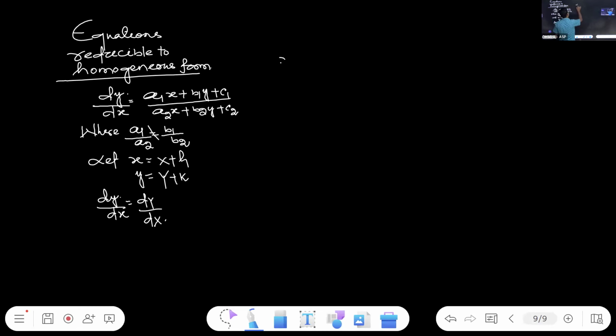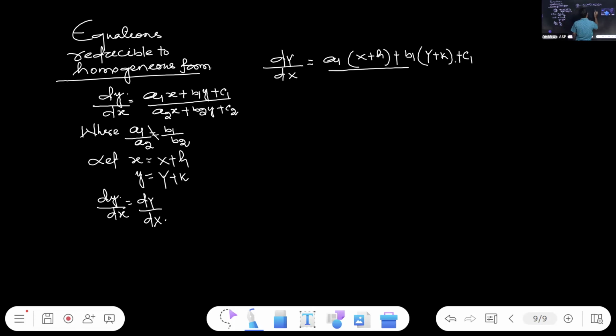So the equation reduces to dY upon dX equals (a1 into (capital X plus h) plus b1 into (capital Y plus k) plus c1) upon (a2 into (capital X plus h) plus b2 into (capital Y plus k) plus c2).